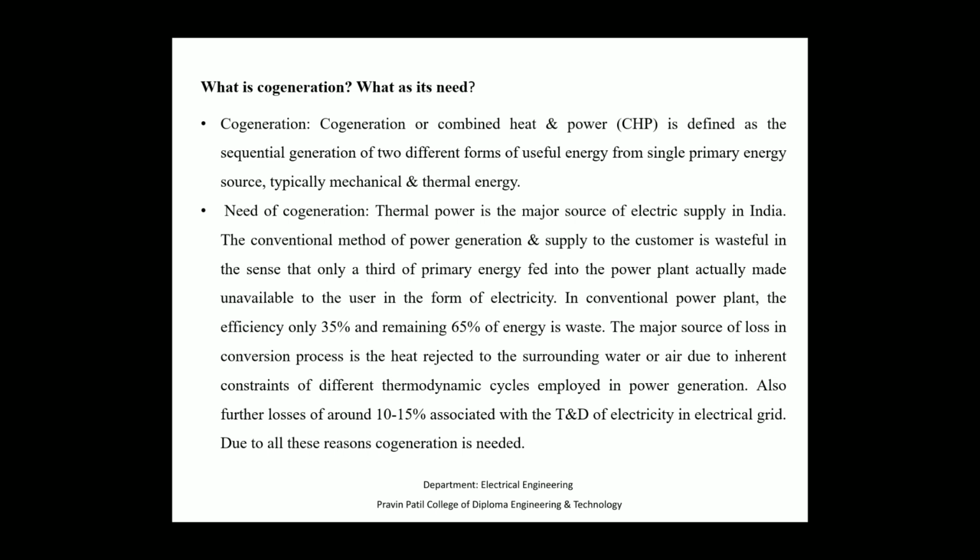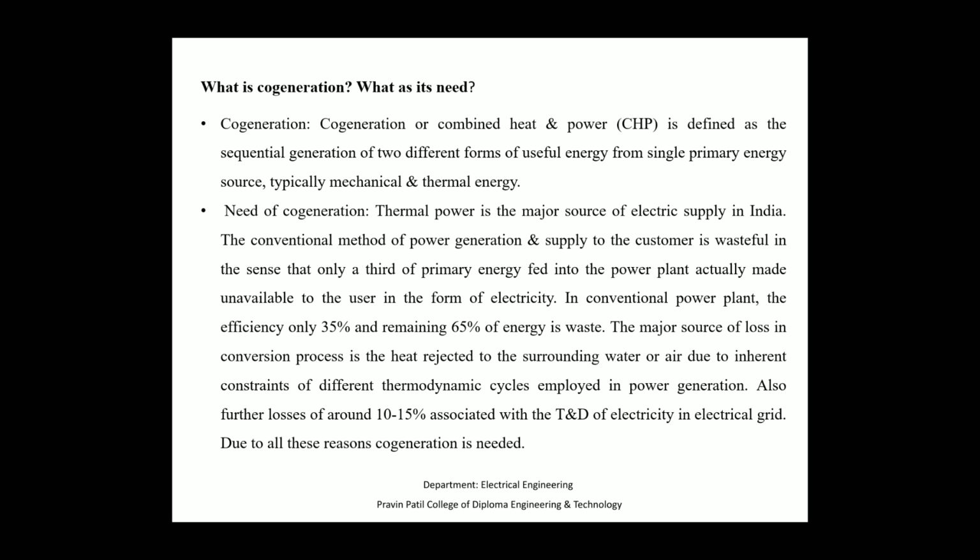Then what is the need of cogeneration? Thermal power is the major source of electric supply in India. The conventional method of power generation and supply to the customer is wasteful in the sense that only a third of primary energy fed into the power plant is actually made available to the users in the form of electricity. In a conventional power plant, the efficiency is only 35% and the remaining 65% of energy is wasted.